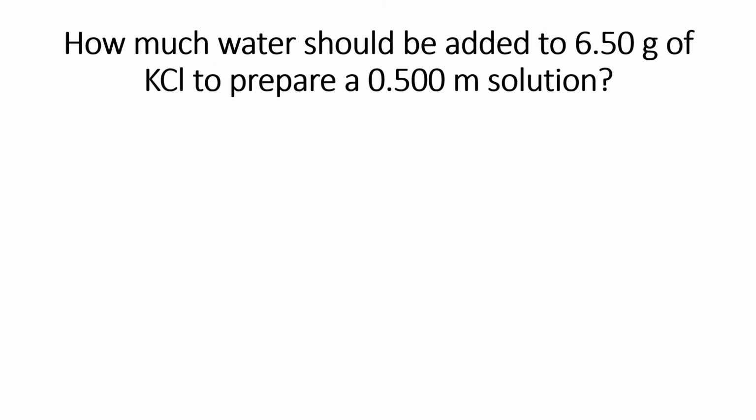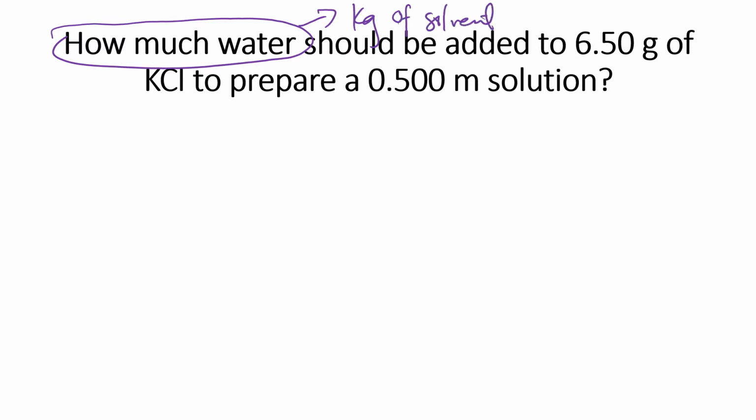How much water should be added to 6.50 grams of KCl to prepare a 0.500 molal solution? So how much water? This is my kilograms of solvent right here. This is my molality.